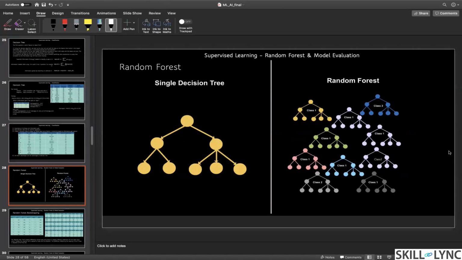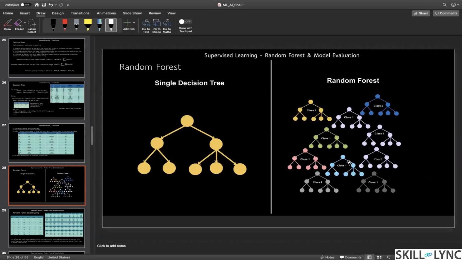That algorithm is known as random forest. So this is a single decision tree on the left side, right? On the right side, if you notice, I have 10 decision trees. So it's simple. When we have a single tree for finding a decision, it is called a decision tree. And when we have multiple trees, a lot of trees in the forest, that's the name, forest.